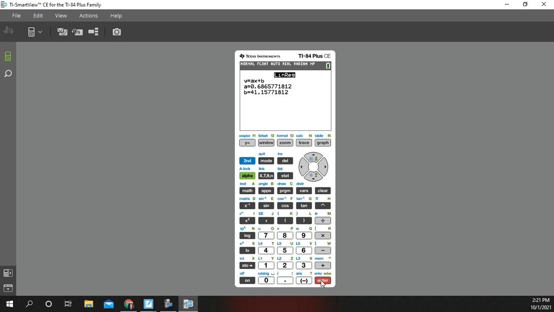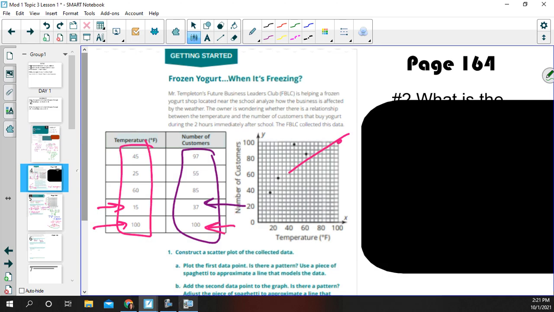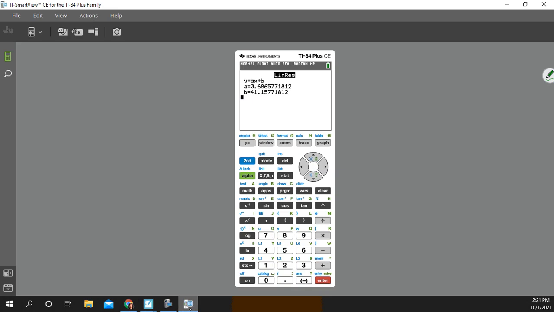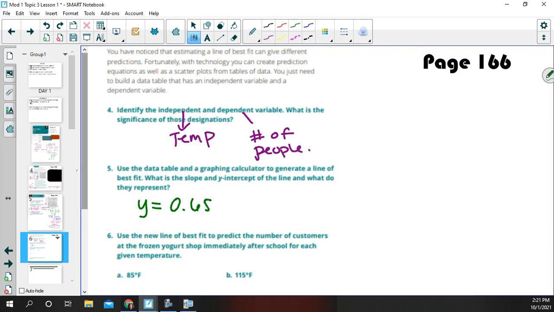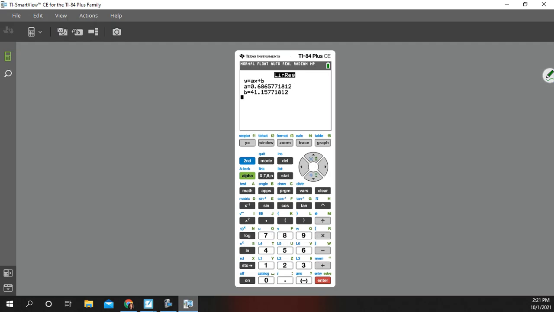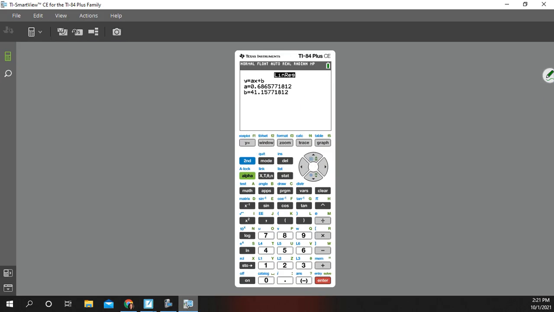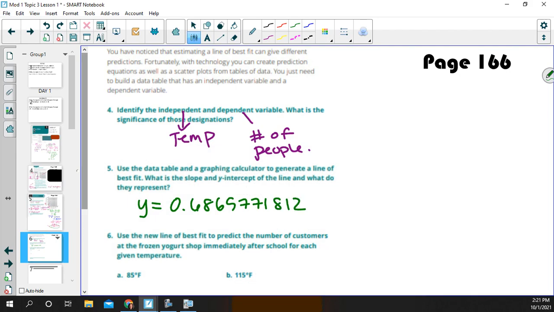So I have to actually shove in the A and the B here. Okay, so when I write it out, let's go back to that page. Y equals, I'm going to fill it in. So my A is 0.6865771812.